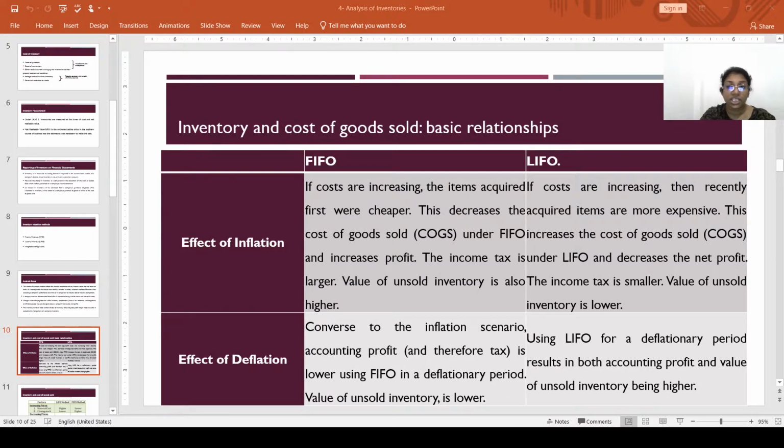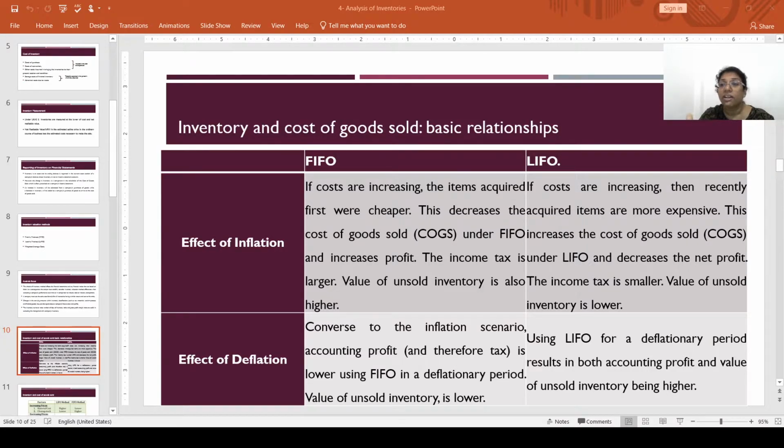This increases the cost of goods sold under the LIFO method, and as a result, there will be a decrease in net profit. Since the profit is lesser, the income tax will be small, as well as the value of unsold goods of the inventory is lower in the current assets of the statement of financial position.